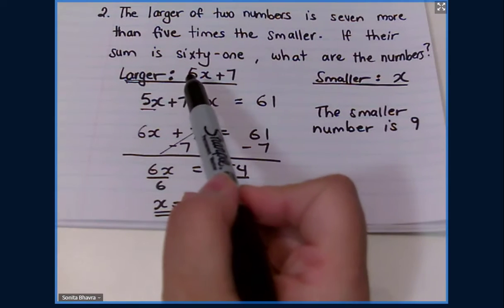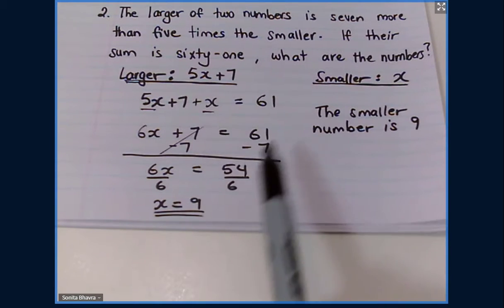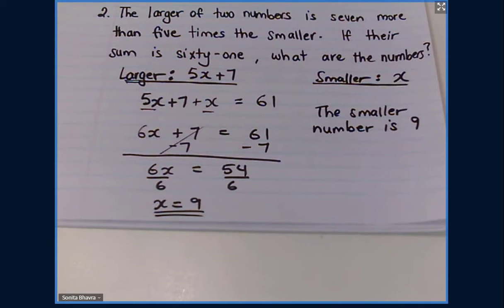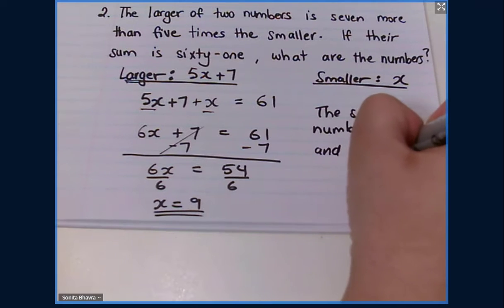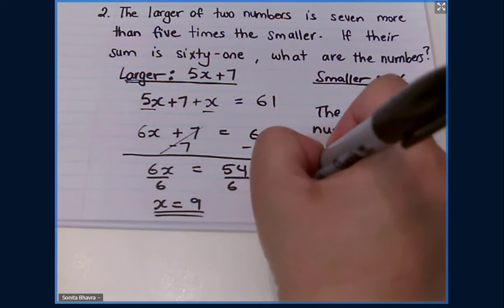And the larger number is 5 times x plus 7. So 5 times 9, which is 45, plus 7, which gives me 52. So the smaller number is 9, and the larger number is 52.